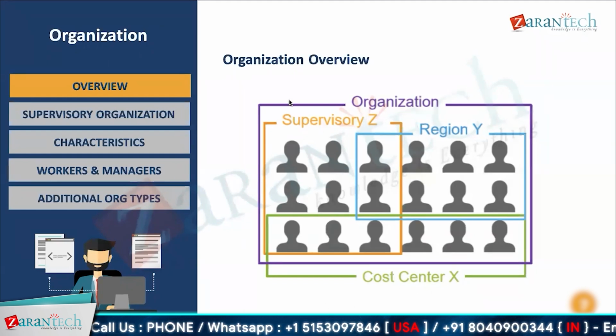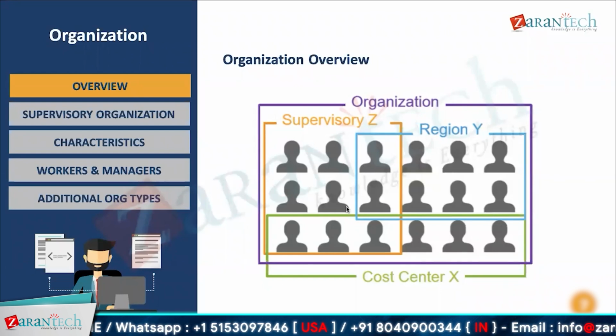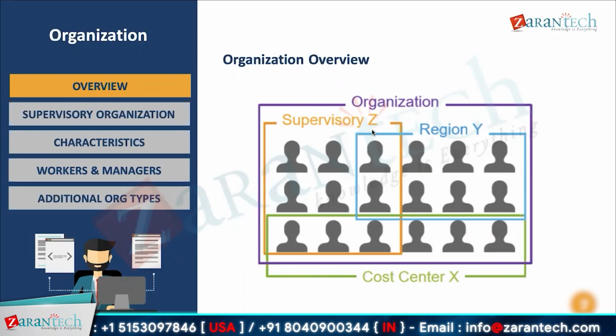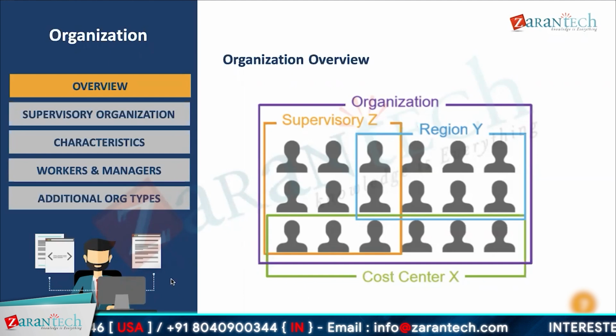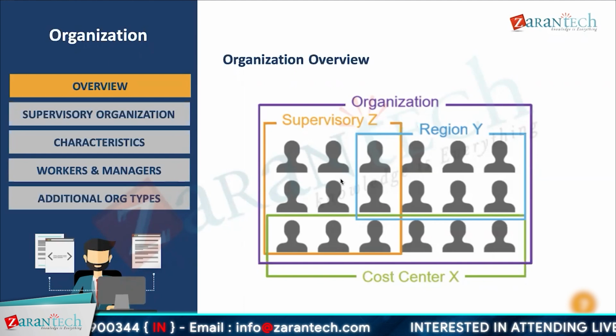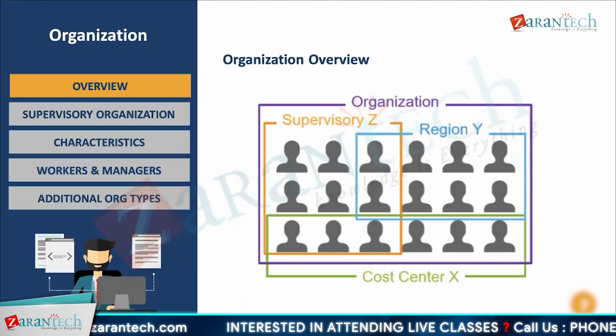And then these 9 people, the orange one, supervisory Z. Maybe we can say that there is a team, and these 8 people belong to that same team. So these are the different kinds of organization, and within a single organization there can be sub parts of it. That's why we are saying that a company is an example of an organization, a cost center is an example of an organization, and a region can be an example of an organization.